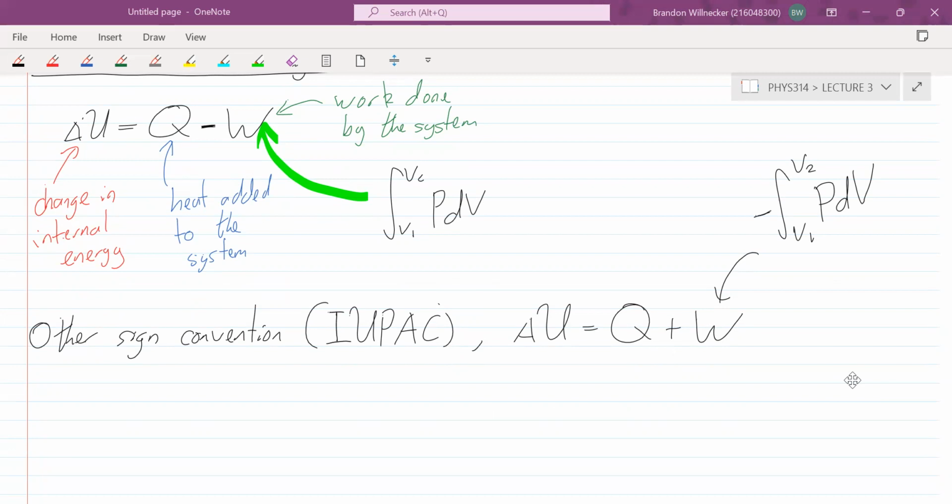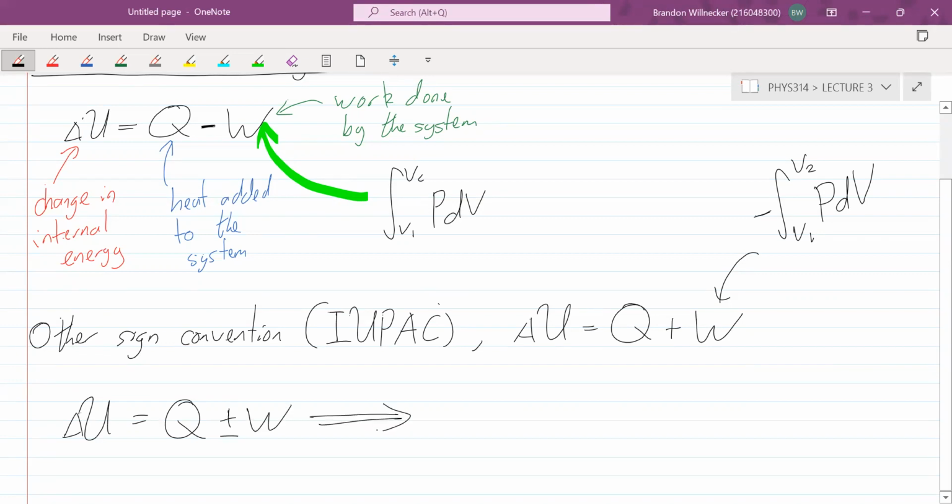Okay, and then from this, we can then get the differential form that we spoke about last time. So if we take this delta U is equal to Q plus or minus, it doesn't matter which one, so I'll say plus or minus, you choose your convention.